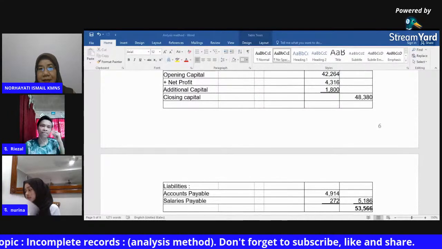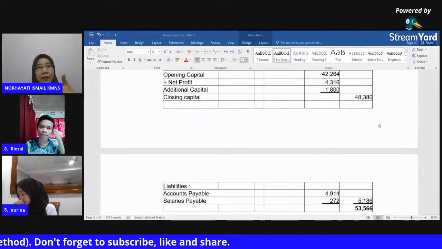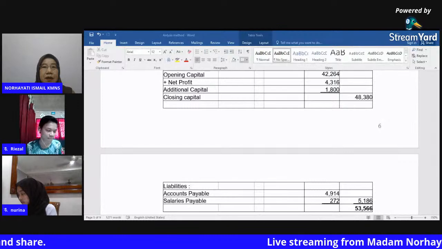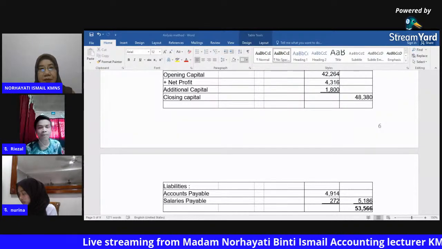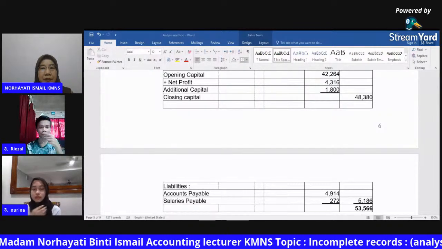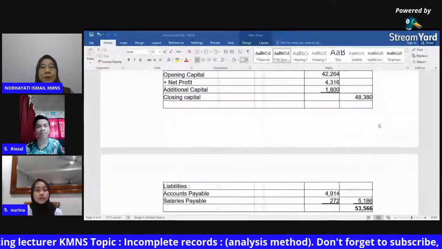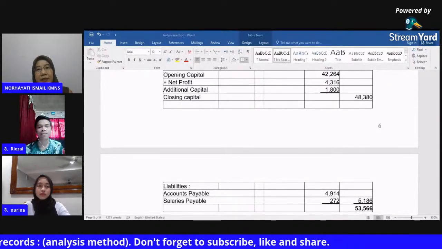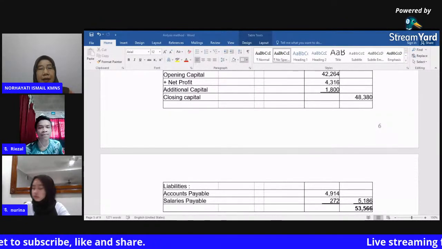So before you prepare the statement of income or the financial position under the analysis method, kita kena buat analysis. The first one account receivable, number 2 account payable, number 3 all the expenses either expense payable or prepaid expense, number 4 revenue, unearned revenue and revenue receivable, number 5 for all additional information including depreciation, bad debts and the transaction not recorded yet.